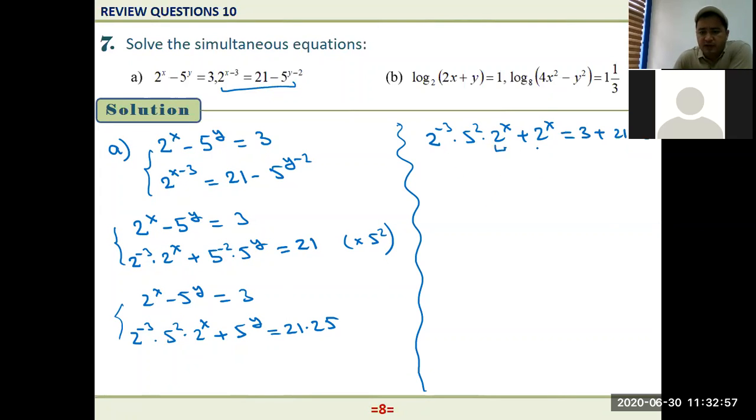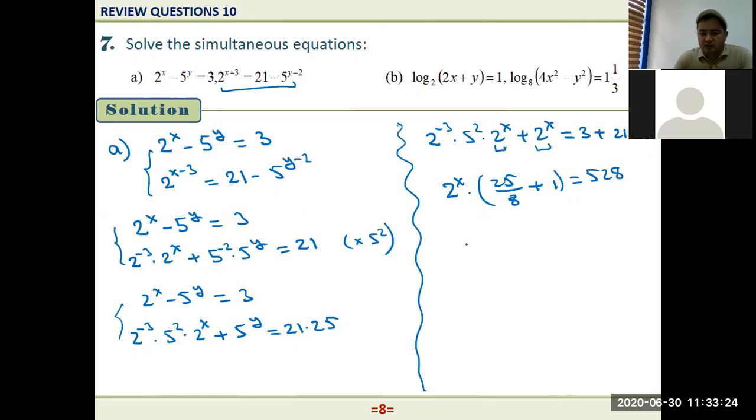So this 2 to the power x is a common factor. Take this out, 2 to the power x. And what is this thing? That is just 25 over 8, plus 1. And on the right-hand side, we have 21 times 25 plus 3. That is equal to 528. Okay.